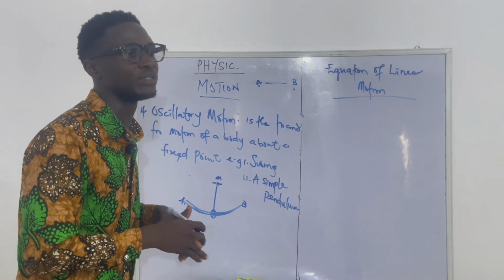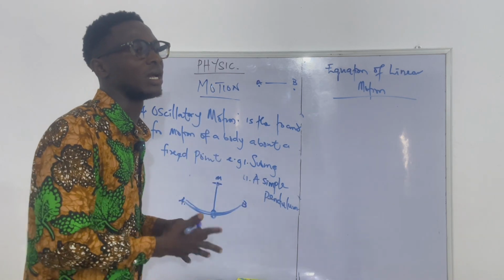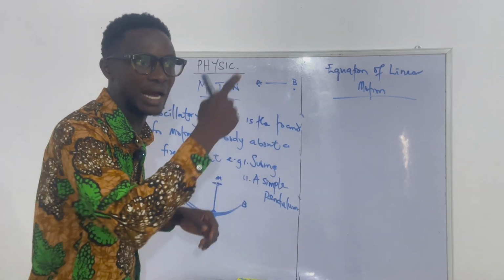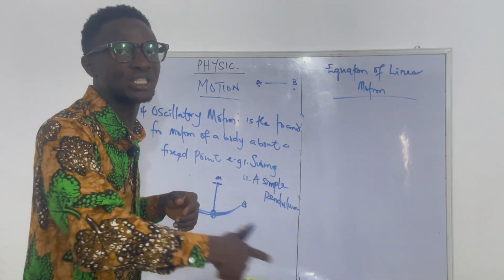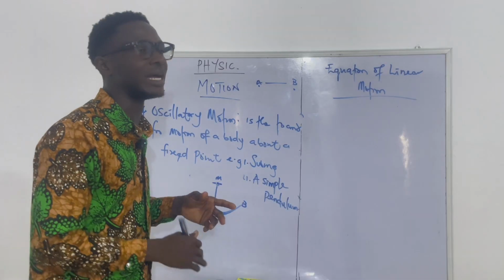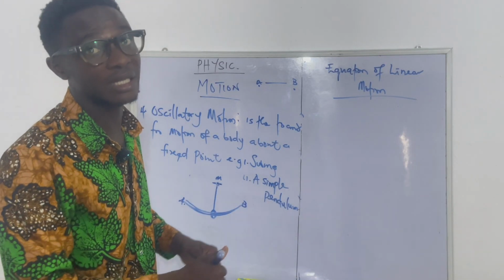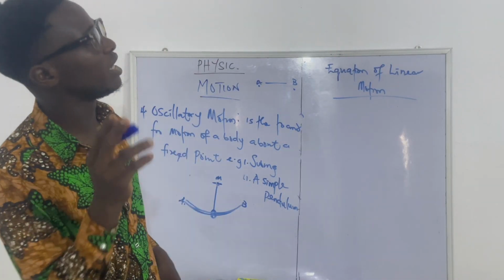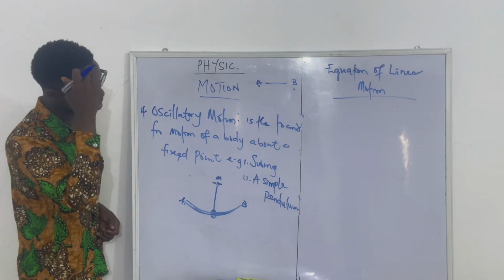The rotation of the wheel of the car is undergoing rotational motion, and the movement of the car is undergoing translational motion.